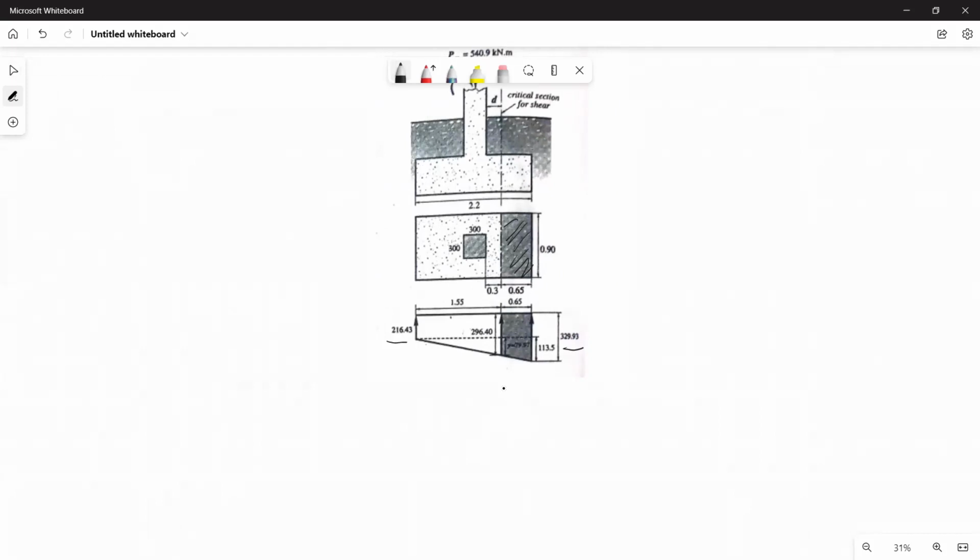At x equals 0, you have, let's just use this one.